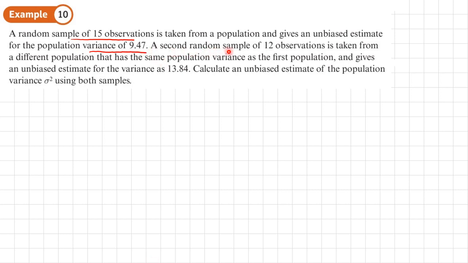A second random sample of 12 observations is taken from a different population and has the same population variance as the first population and gives an unbiased estimate for the variance as 13.84. So 12 observations has a variance of 13.84. Calculate an unbiased estimate of the population variance sigma squared using both samples.